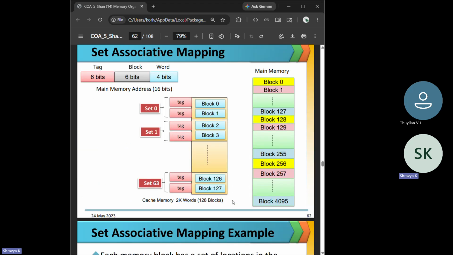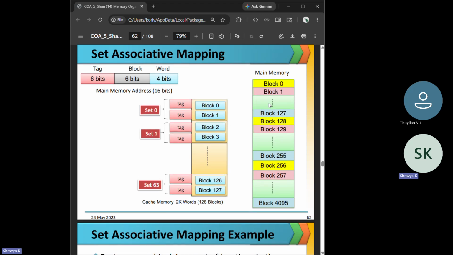So, for example, in this case you can see that you have set 0, set 1, set 63, etc. And over here, you have two blocks per set, and you could have associative mapping within each set.